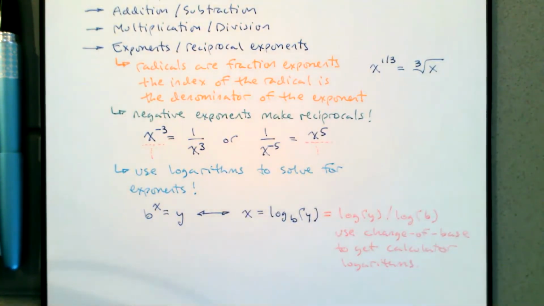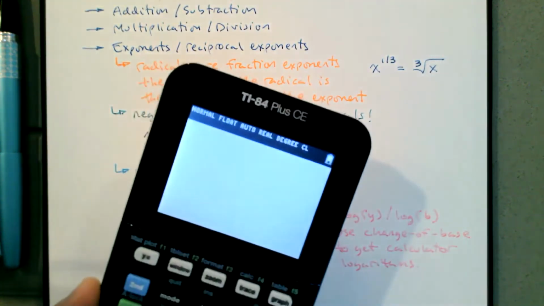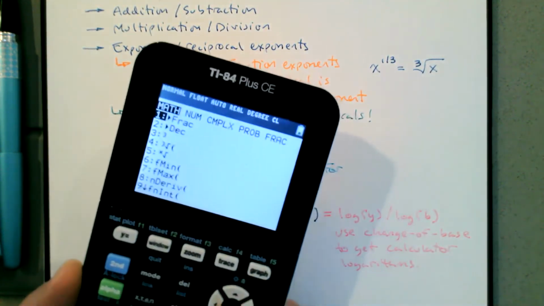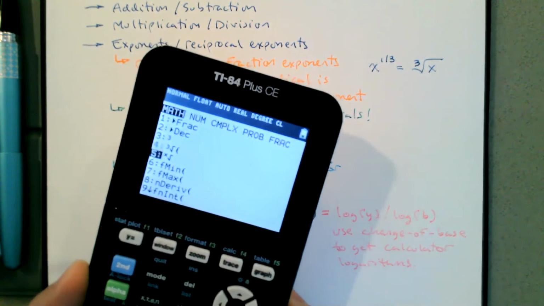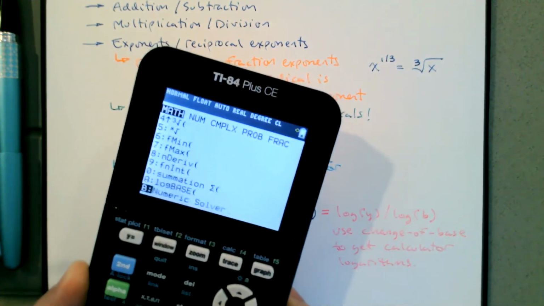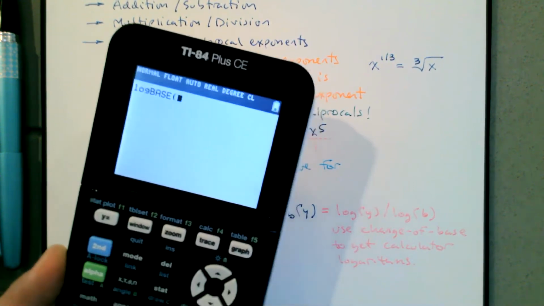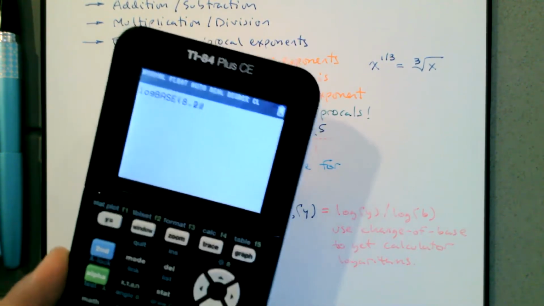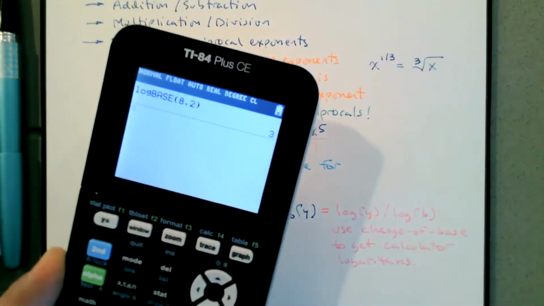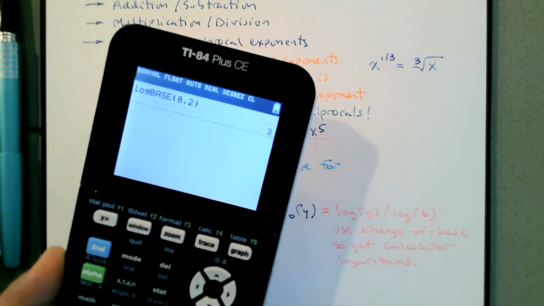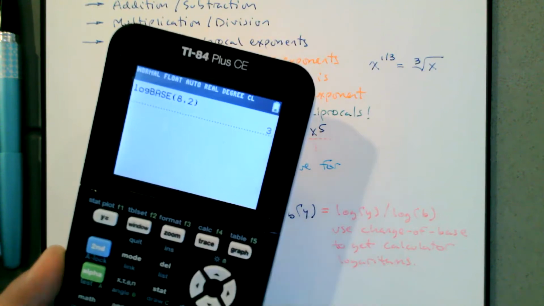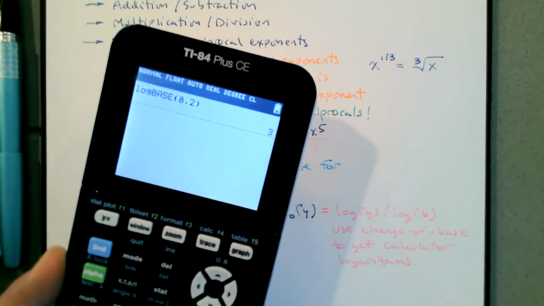Some calculators will have a log base b button, but it's buried in a menu. Let's see if I can even remember where it is on the TI-84. Oh, there we go. Log base. I can't remember what order we put things. They don't even write it in the right order. So when I write log base 8, 2, it's log base 2 of 8.